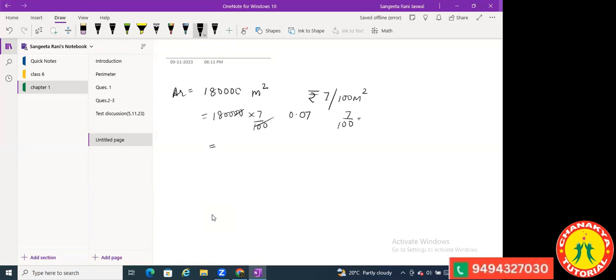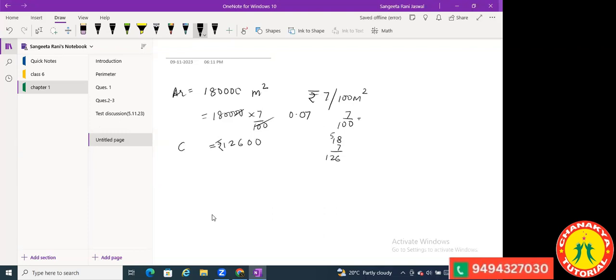What do you get? 18 into 7 is how much? 8 sevens are 56, and 1 carry gives 126, and 2 zeros, 12,600.